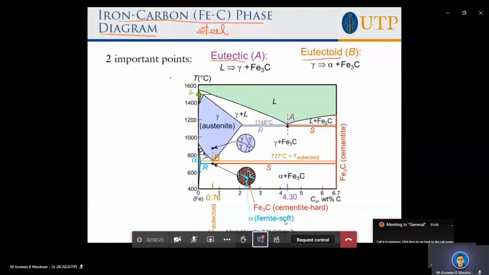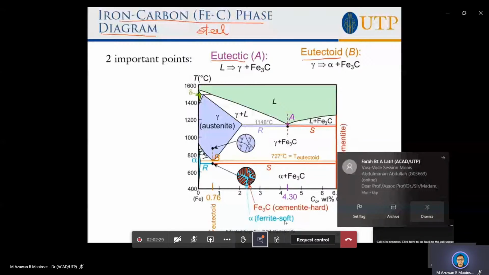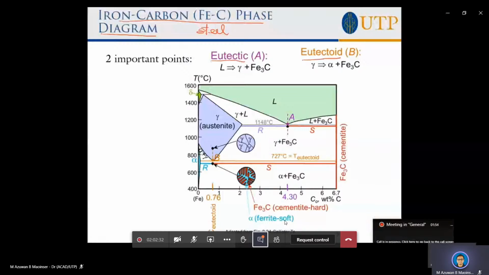So we need to understand steel well. And as engineers, you have to know about their phase diagram. Once you know their phase diagram, you know the phases present, the microstructure, and about their properties. So it is very, very important to understand this.